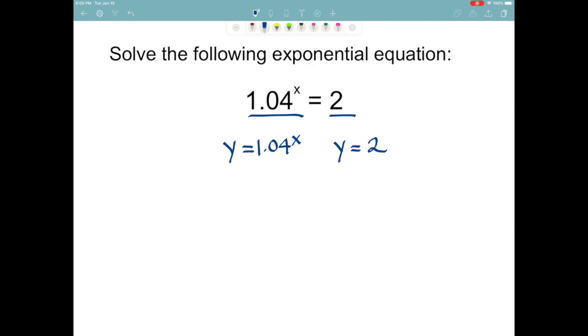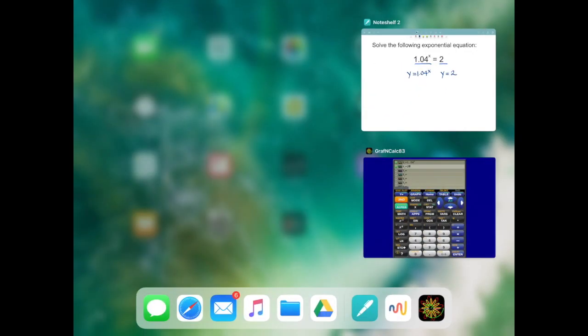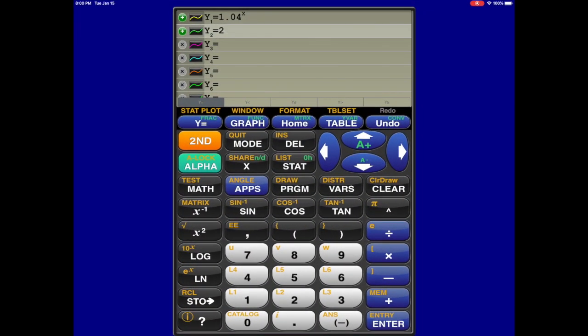If we graph both of these on a coordinate plane, we can find the intersection point, and the x-coordinate of that intersection point would be the answer to this equation. So let's actually do that here. You'll see I have a graphing calculator. I've already got those two functions typed in.